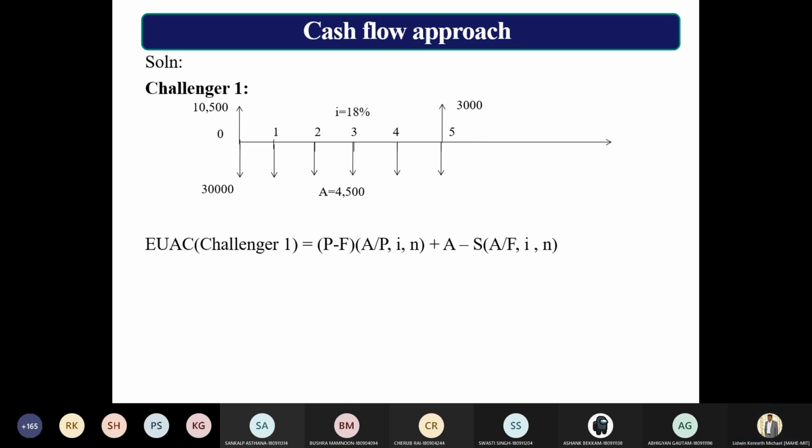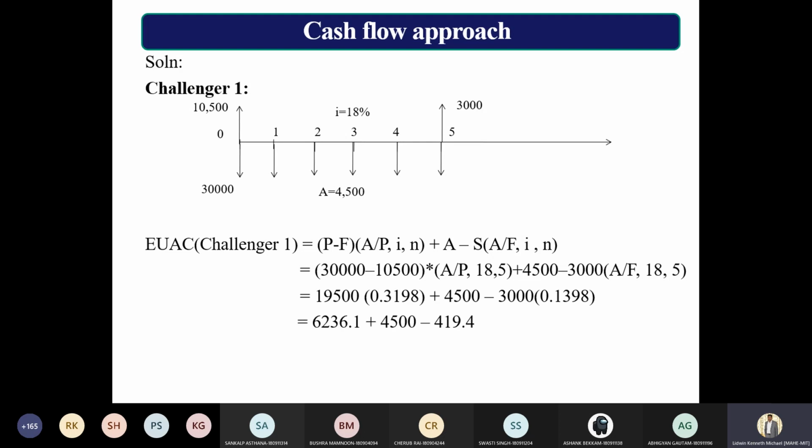So for the challenger one, it is nothing but 30,000 minus 10,500 into A by P, 18% comma 5, plus 4,500. That is your annual cost, minus 3,000 P by A by F, 18% comma 5.